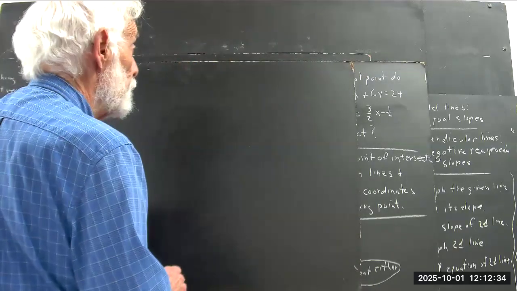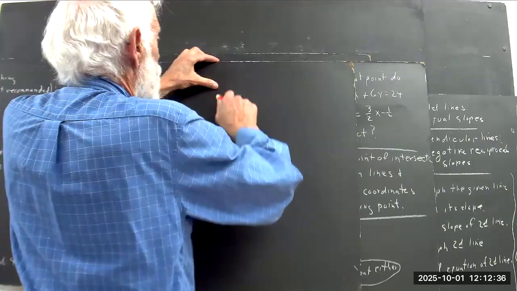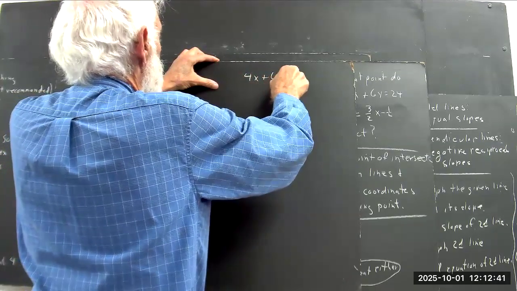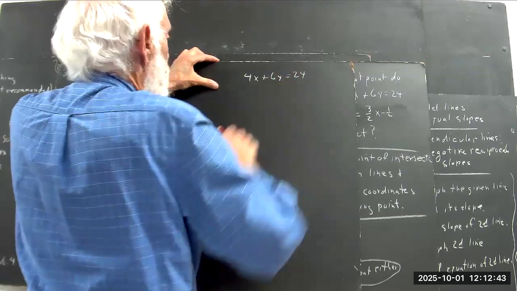Okay, now I'm going to say we got 4x plus 6y equals 24.